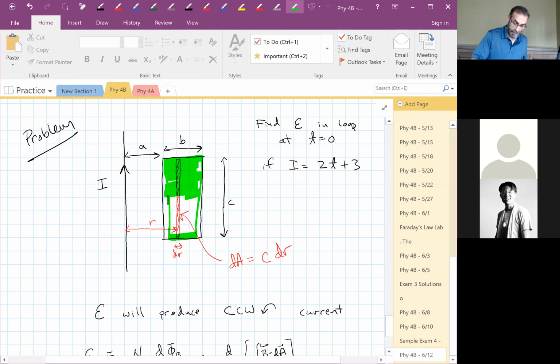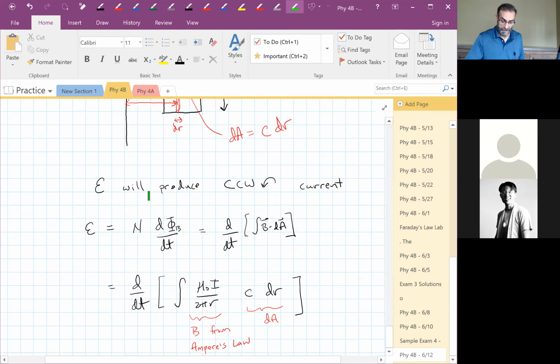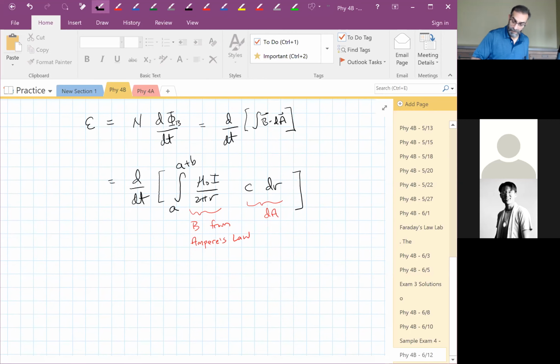So that means r goes from A to A plus B. And what do I get? d dt of mu naught I C over 2 pi.